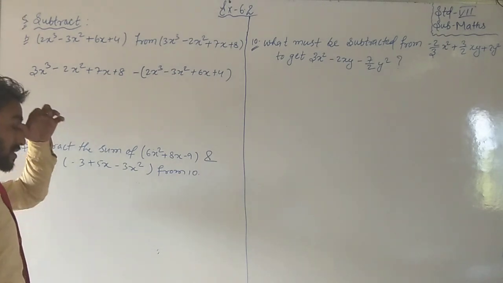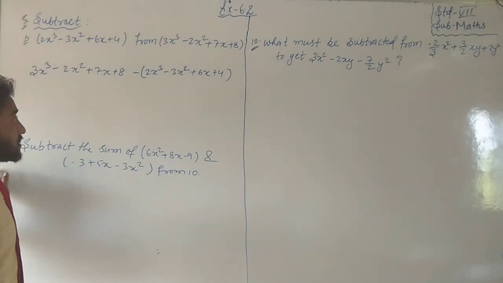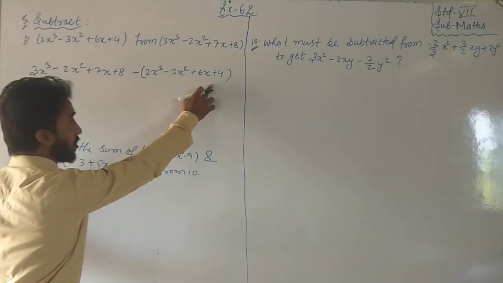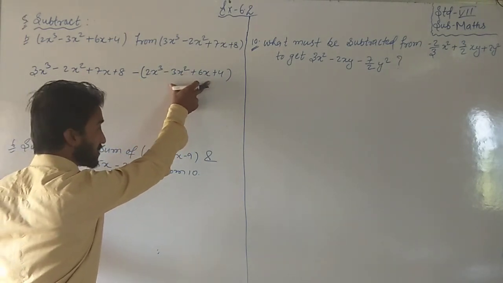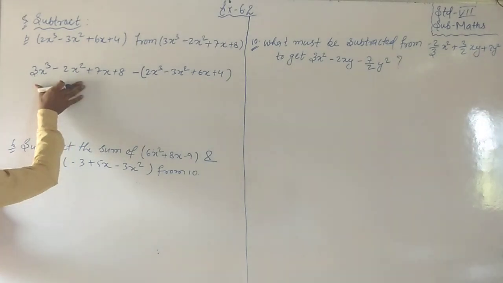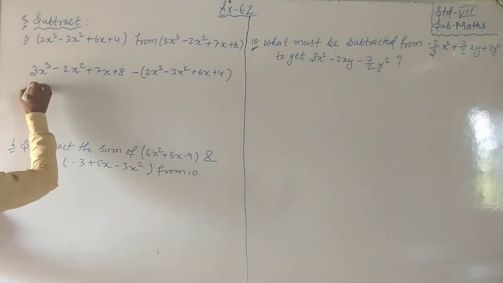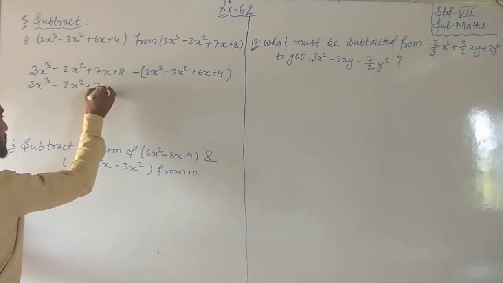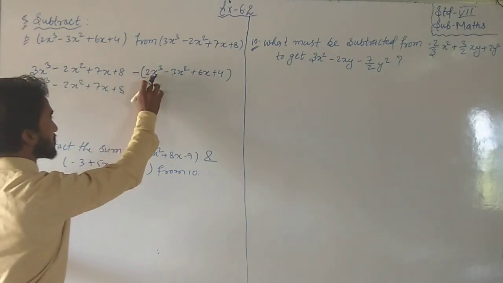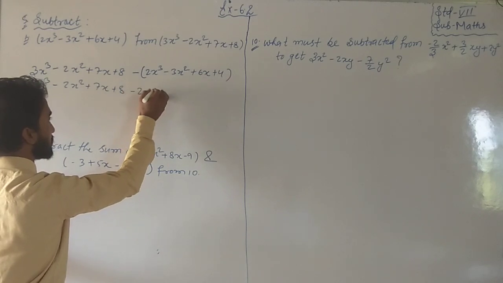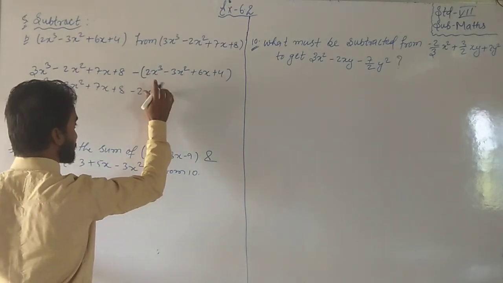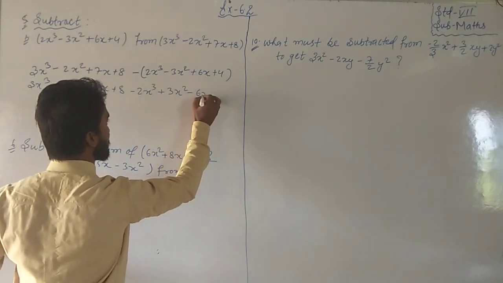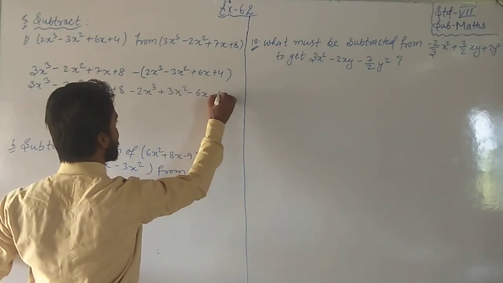Now students, as in previous questions, this negative sign will multiply with everything in the expression under the bracket. What is outside of the bracket will be written as it is: 3x cube minus 2x square plus 7x plus 8, minus 2x cube, plus 3x square, minus 6x, minus 4.